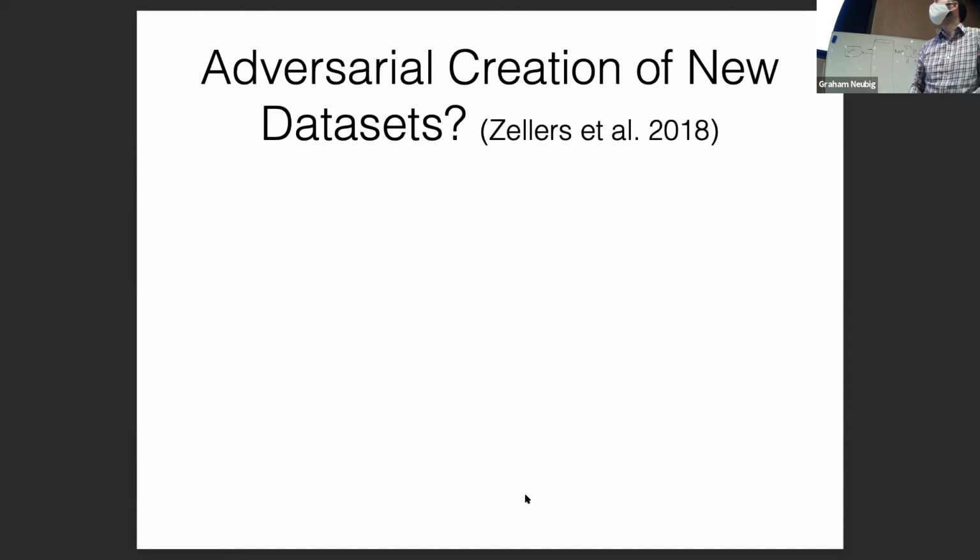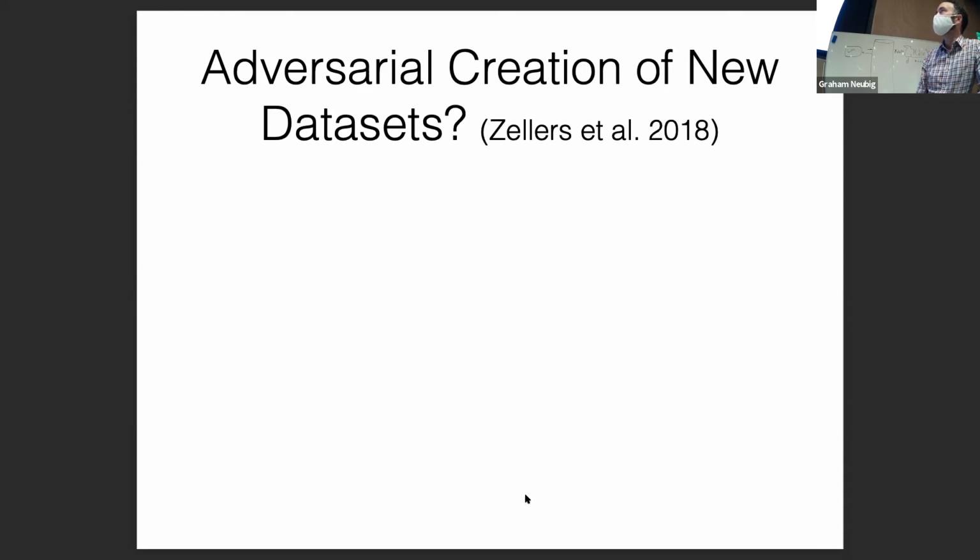Another thing that people have been looking at recently is they want to test a particular phenomenon, like whether a model is able to do multi-hop reasoning. And so they ask human annotators to create questions that should require multi-hop reasoning.